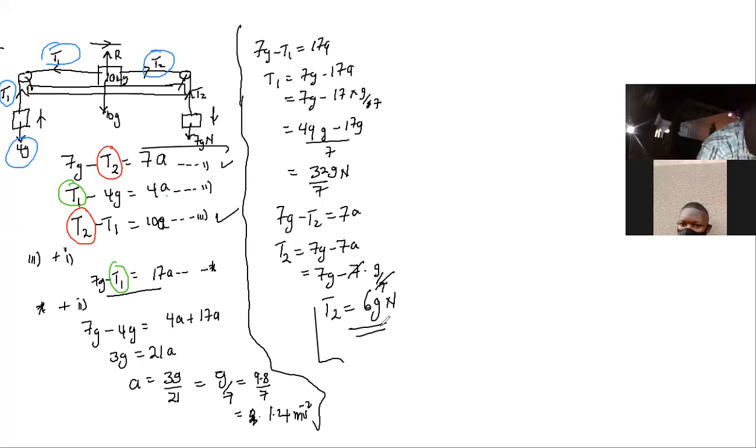Let me see. A body A rests on a smooth horizontal table.